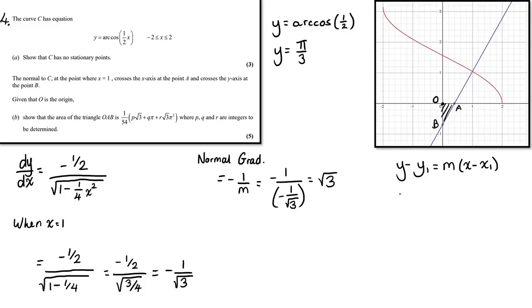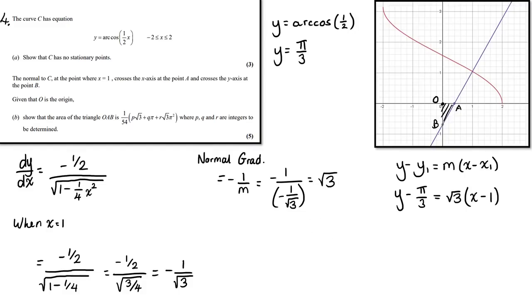So therefore, we get y minus pi over 3 is equal to the gradient, root 3, times x minus x1, and we know x1 is 1, so minus 1 there. Okay, so what this gives us here now is the equation of the normal. So there's two things to consider here.